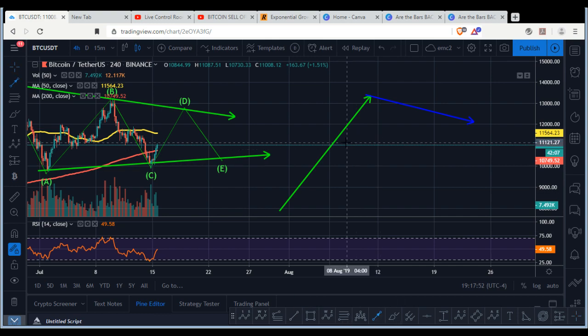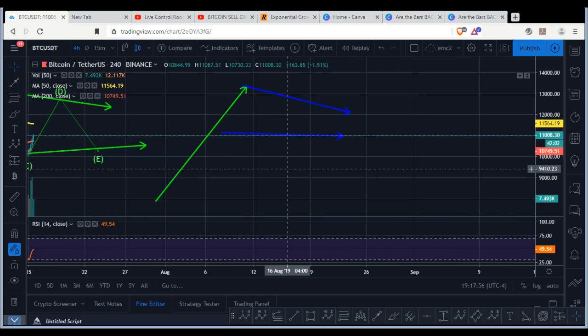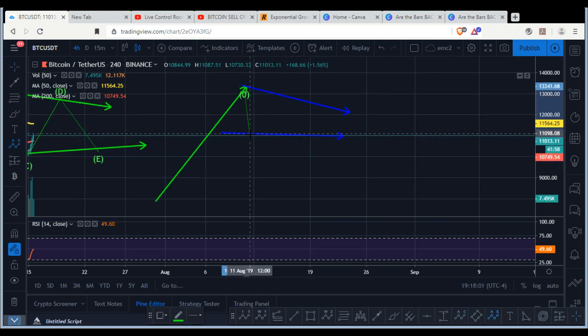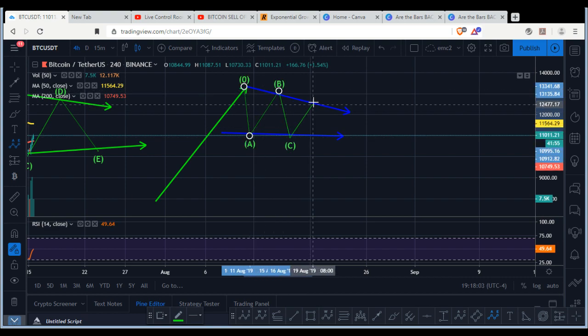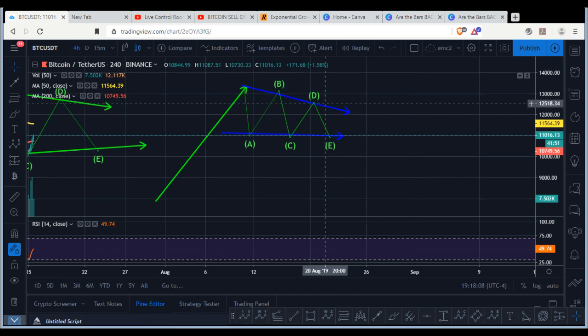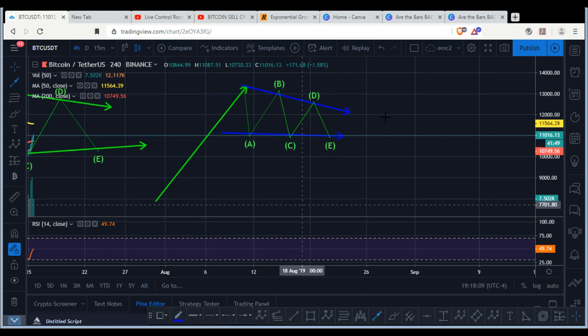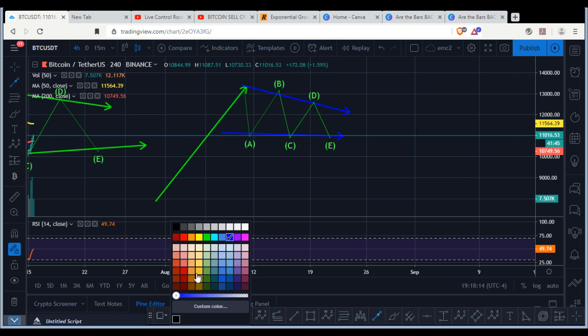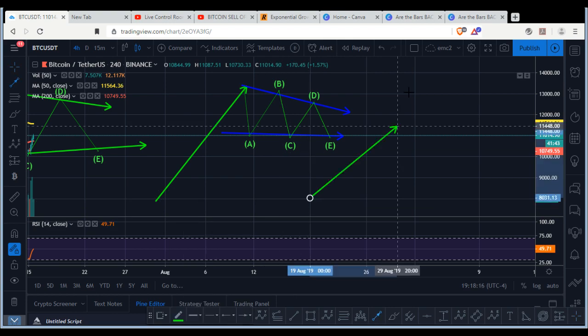That's the first one you're going to get. Then you're going to get an ABC, and 1, 2, 3, 4, 5. BTC could make this triangle. It's not like it cannot make that triangle.